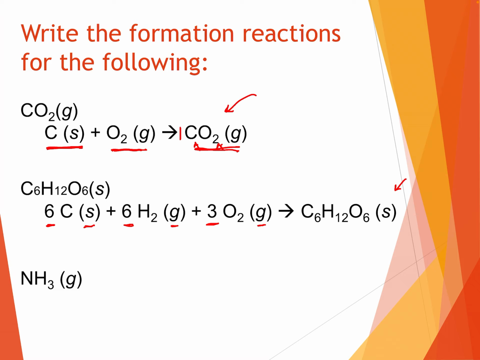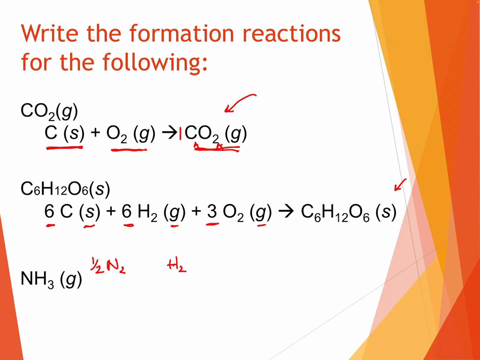Okay, let's try another one. This is ammonia. Ammonia is going to be formed from nitrogen and hydrogen. But when we think about this, nitrogen is diatomic and hydrogen is diatomic. I only need 1 of these nitrogens, right? So I'm actually going to end up multiplying this by 1/2 so that I only get 1 of those nitrogens.